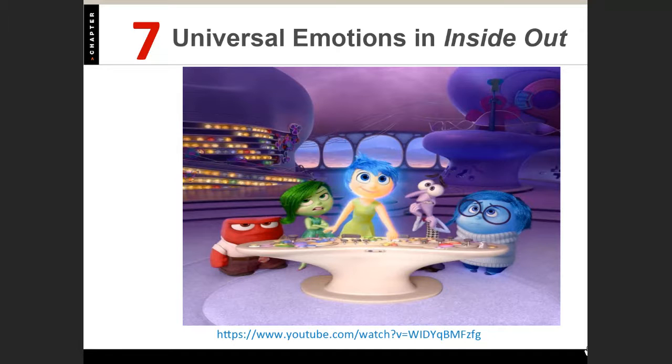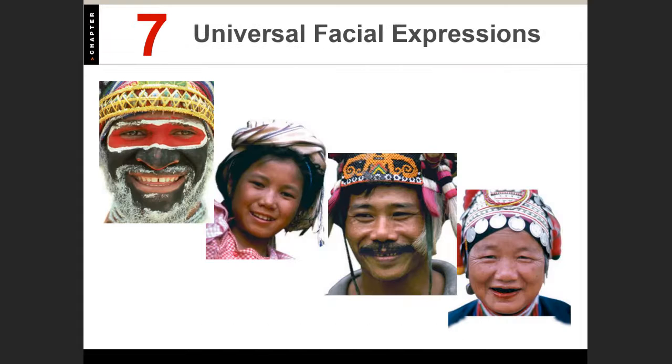Now, even though we show our emotions in our facial expressions around the world, different cultures have what are called different display rules for what is appropriate to do in order to express an emotion. So you can see here in this slide that the universal expression of happiness around the world, these are 4 different cultures, is a smile.